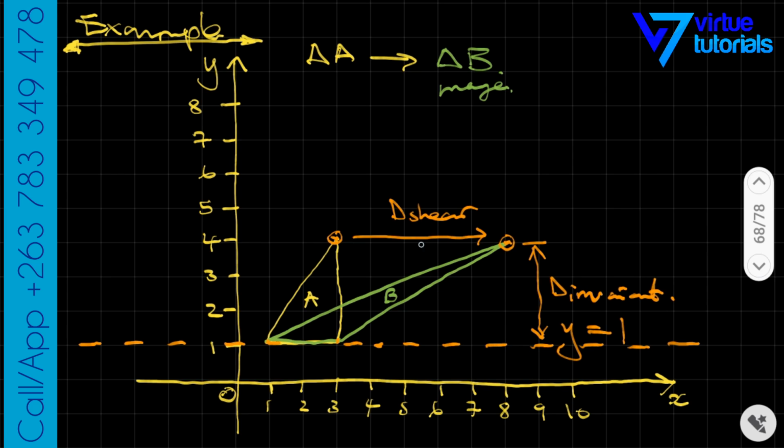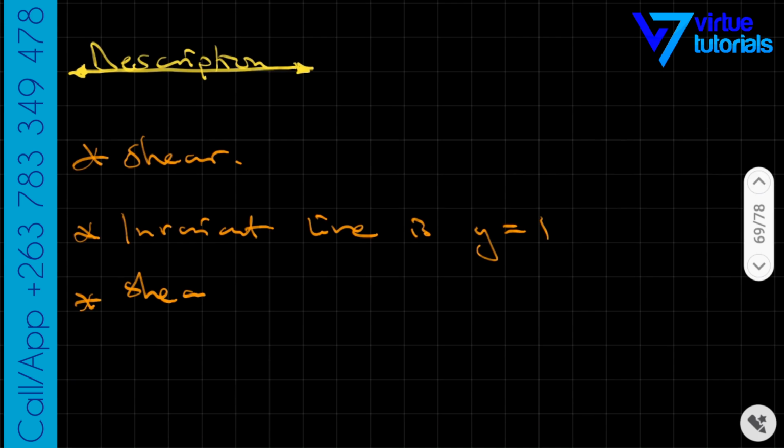So if you look at it, the distance moved by the sheared point is 1, 2, 3, 4, 5. So distance of shear is 5. And then distance to invariant was 1, 2, 3, which is 3. Now, our shear factor is always distance moved by shear over distance to invariant line.